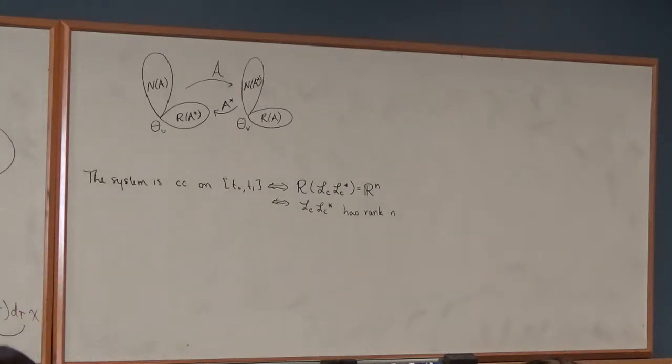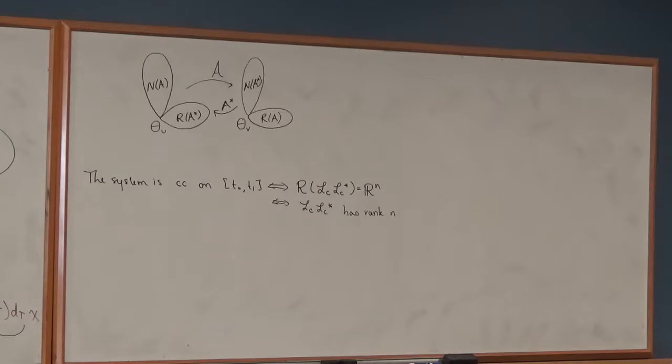So I introduced this word complete without really saying anything about it. I'll just say very quickly, and we'll come back to this later, that you can have a subspace of Rn that's controllable, but the whole space isn't controllable. What that means is you can't get from any initial state to any final state for some systems, but you may be able to get from any initial state in some subspace of Rn to another state in that subspace of Rn.